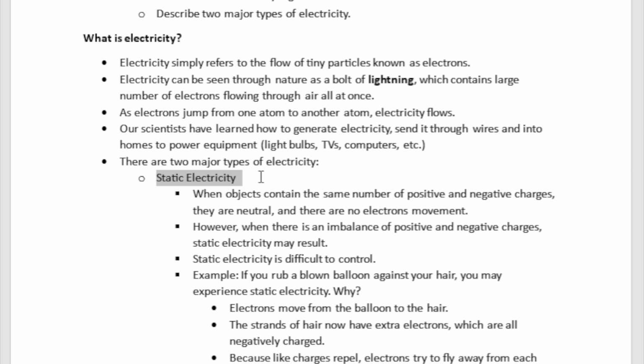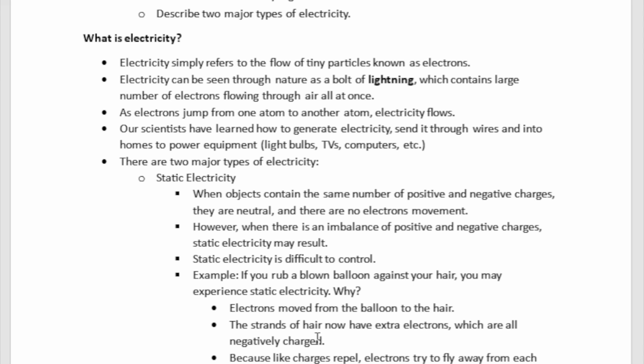There's static electricity, which is like that lightning, or something that jumps off your hands if your hands are so dry. They call them static charges. If you rub a balloon, for example, against your hair, you may experience static charges. Why? Electrons moved from the balloon to the hair.